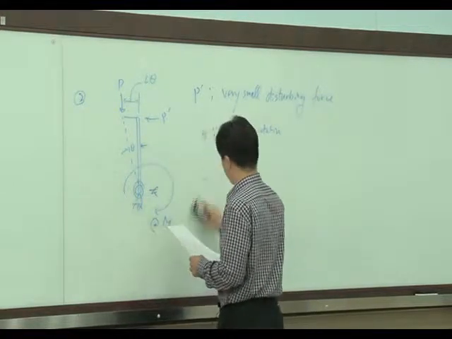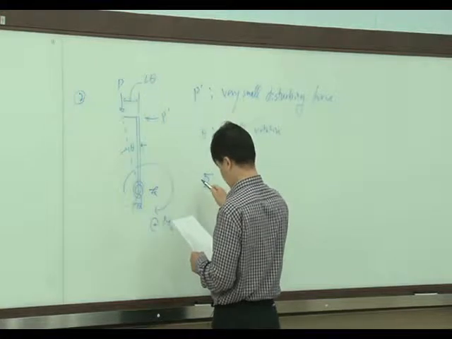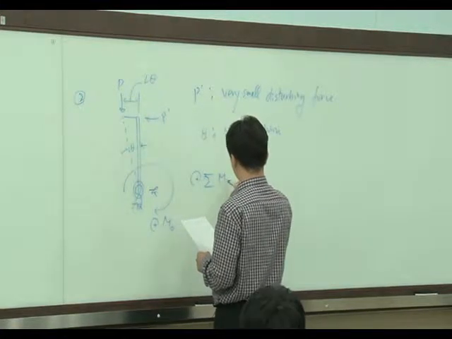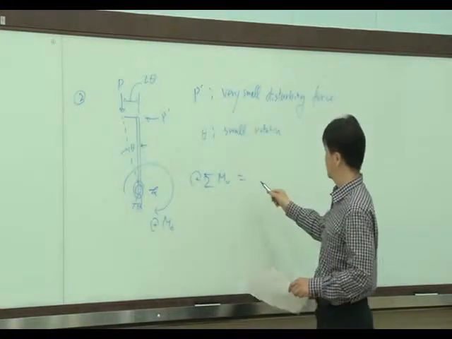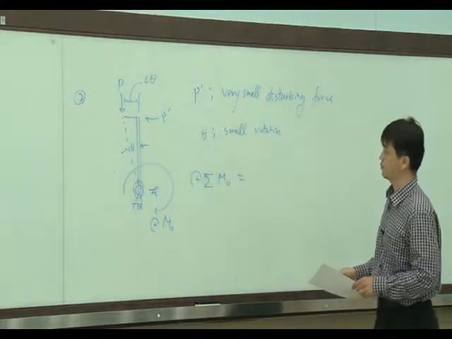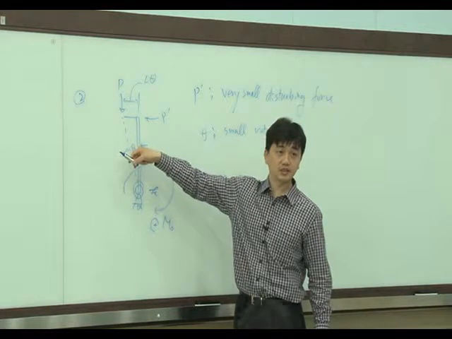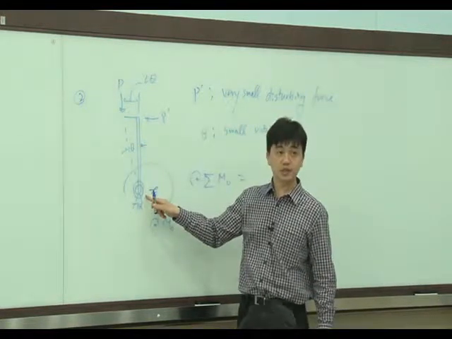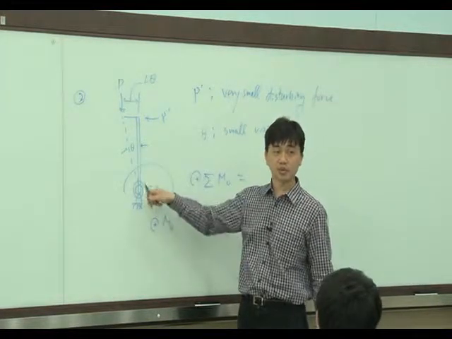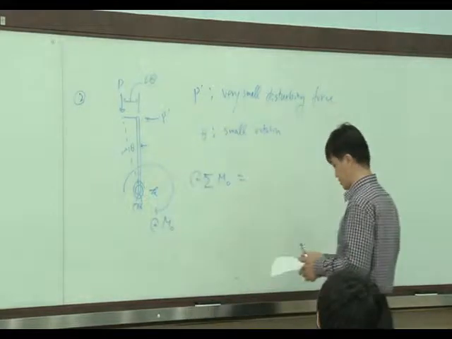Let's say sum M0 equals, if this bar rotates in this direction, this spring will give us a moment in the other direction.